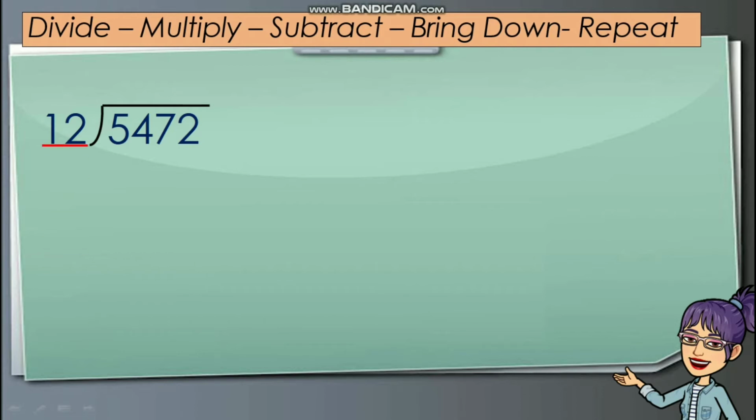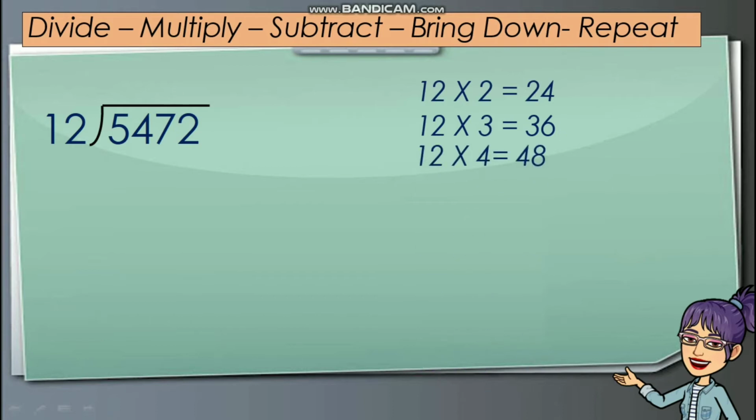If we multiply 12 by 2, the answer is 24, and that is far from 54. Let's have 12 times 3. That's 36. It's closer to 54, but let's try the next number to see if it is equal or closer to 54. 12 times 4 is 48.